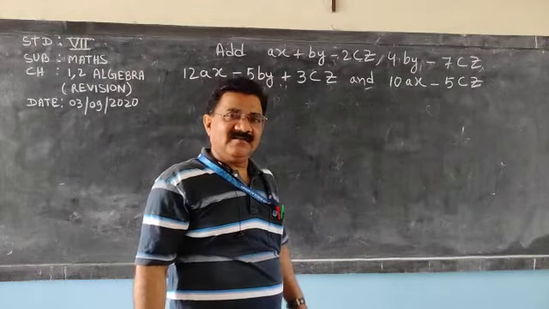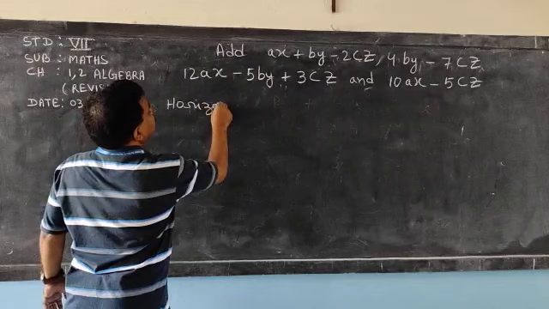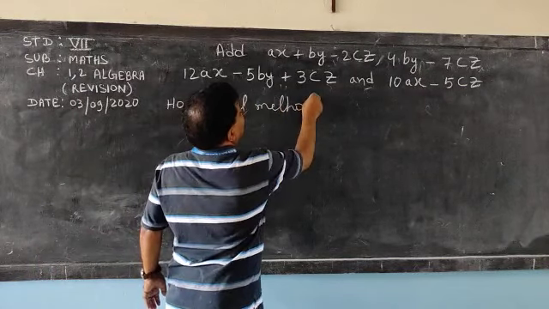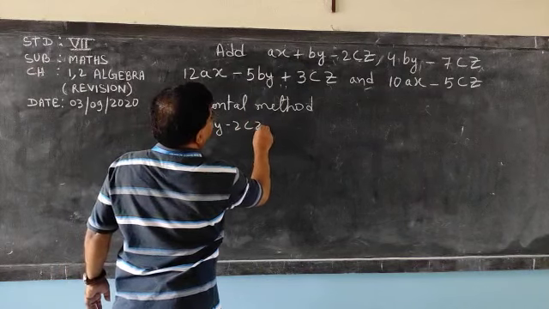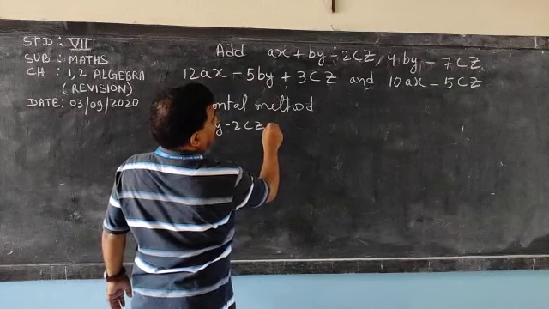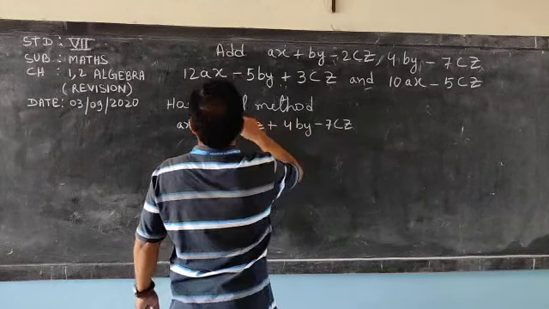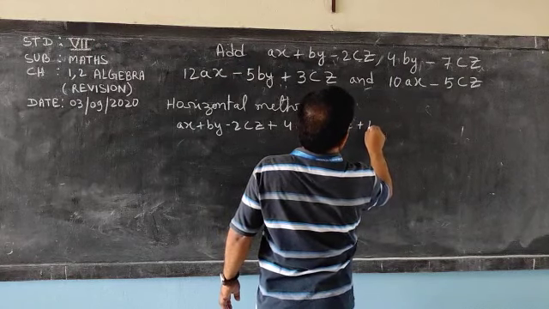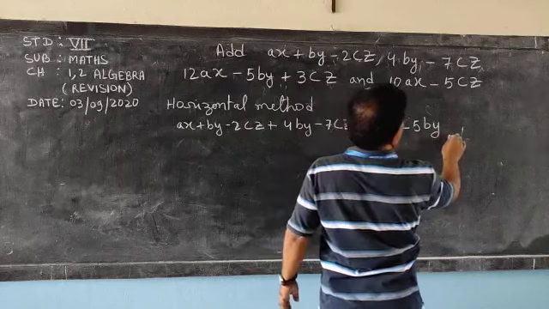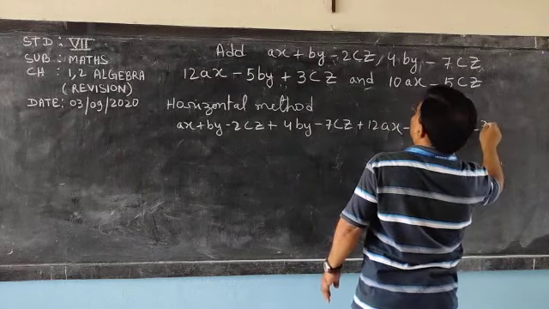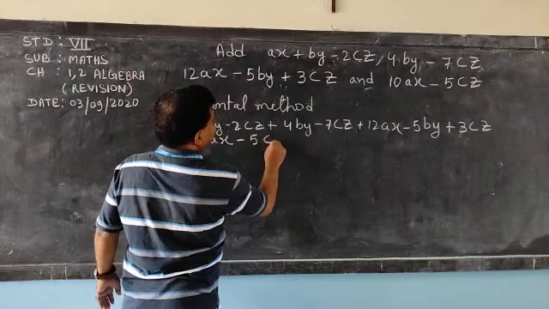If we are asked to add by the horizontal method, simply write all these things: ax plus by minus 2cz, plus 4by minus 7cz, plus 12ax minus 5by plus 3cz, plus 10ax minus 5cz.